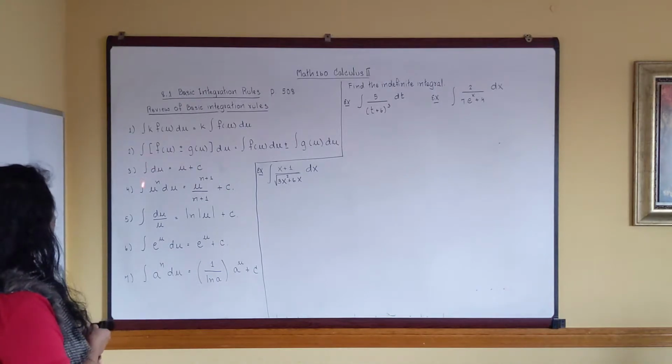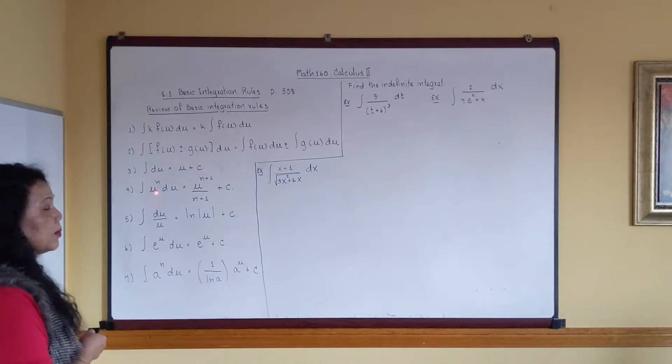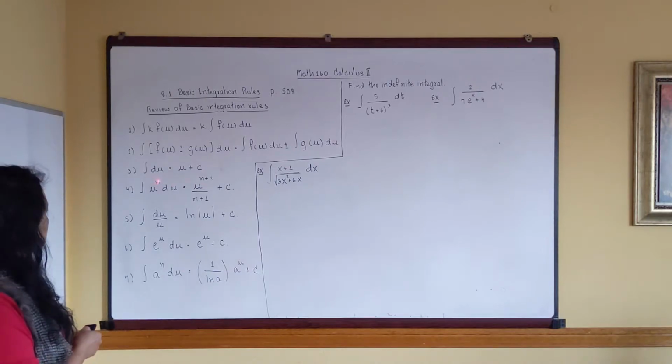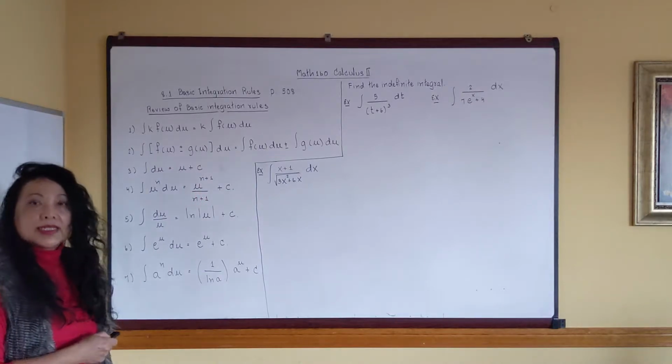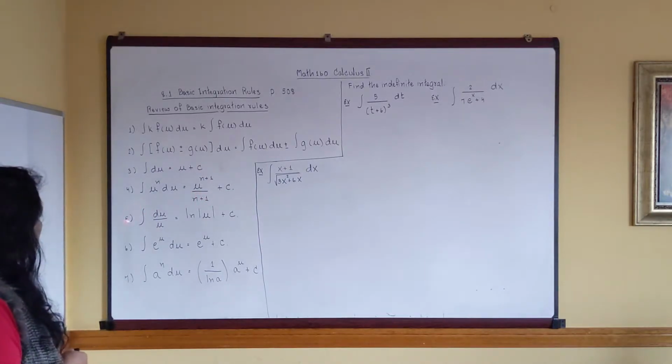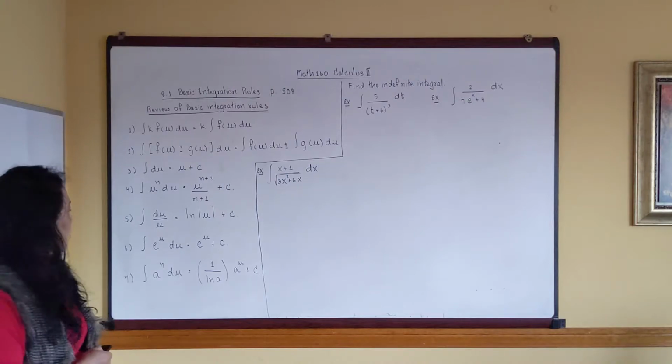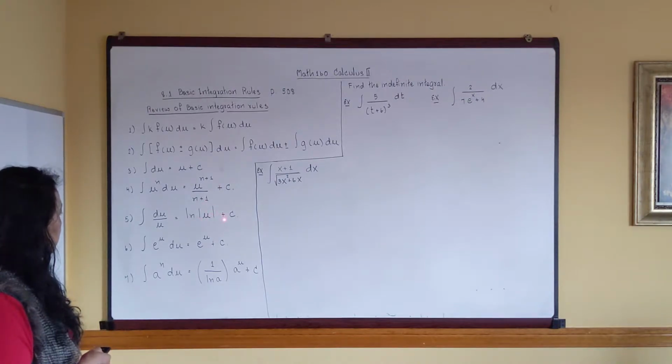Number 4, if you have an integral of a variable or expression raised to some power, u to the n, it is equal to u to the n plus 1 divided by n plus 1, plus c. The fifth one, you have an integral of du over u, which is going to equal ln absolute value of u plus c.